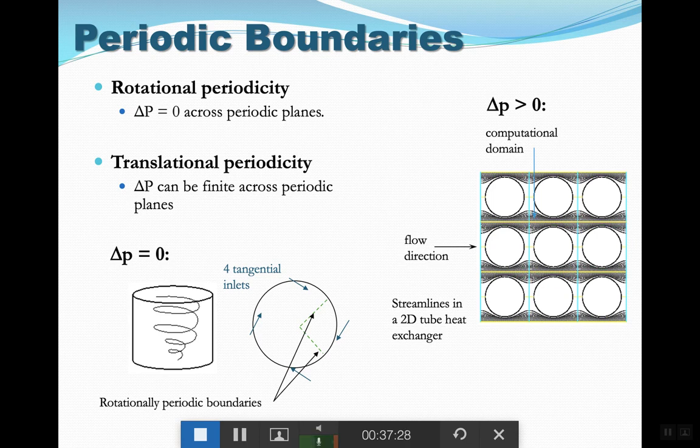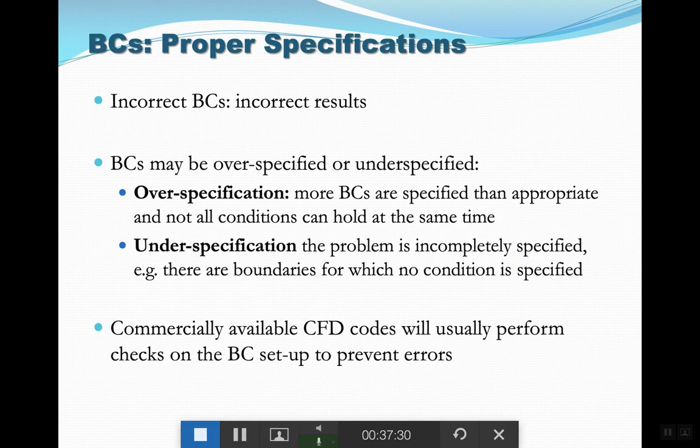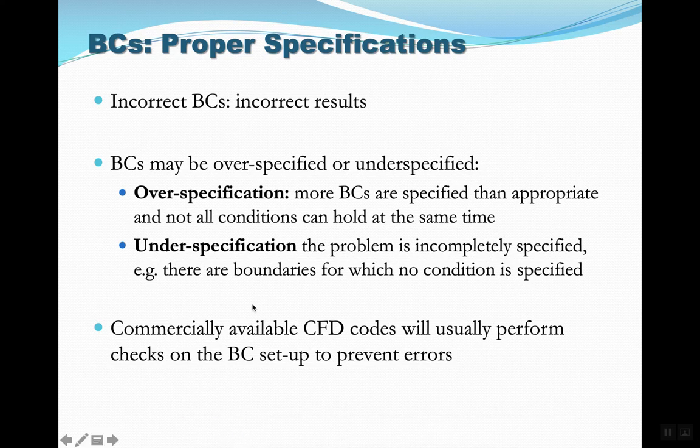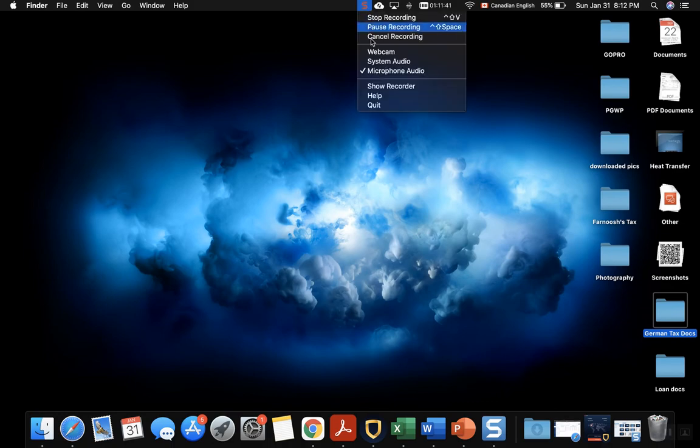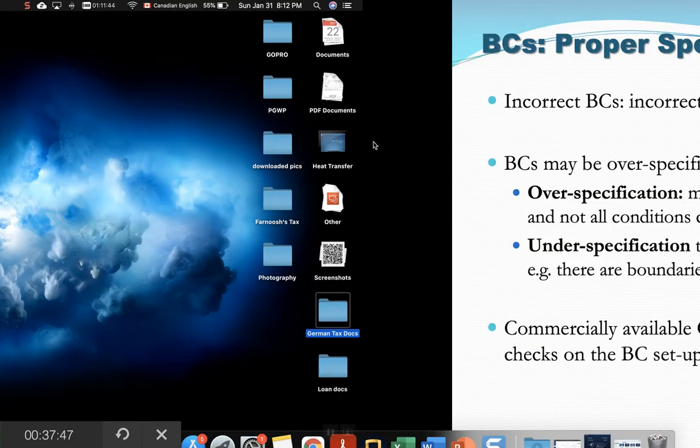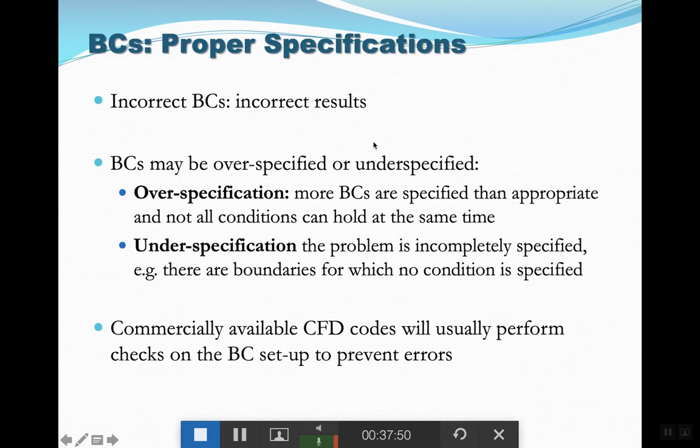So we talked about the different types of boundary conditions, but we also have to talk about proper specification of boundary conditions.